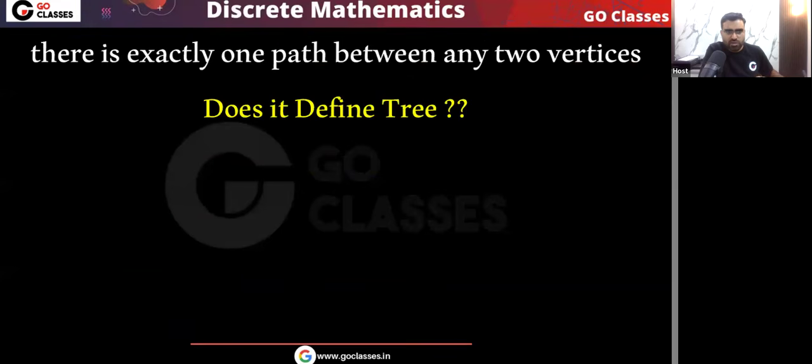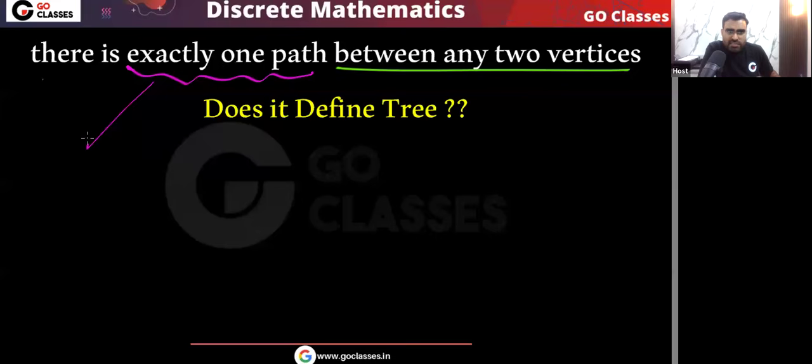And tell me the answer for this question. Is this the definition of tree? There is exactly one path between any two vertices. Look at this, exactly one path. Between any two vertices, there is exactly one path, exactly one means not more than one, not less than one. Yes or no? If you have exactly one path, then definitely it is connected.